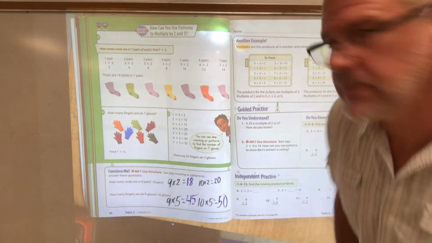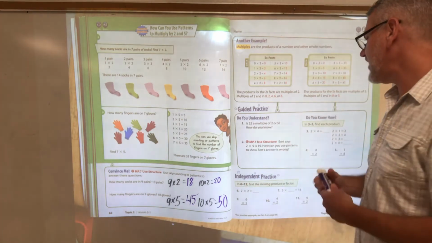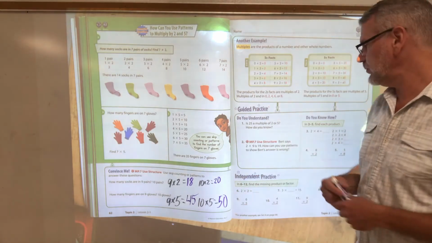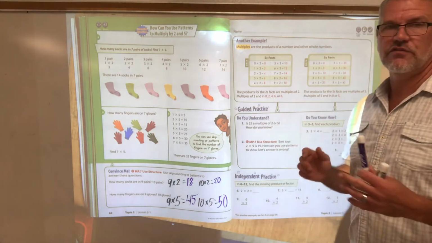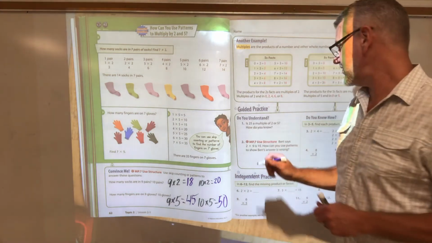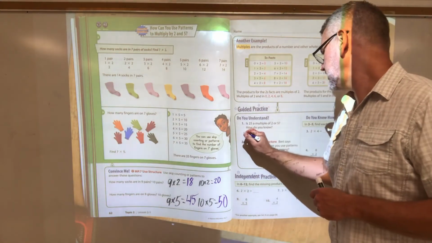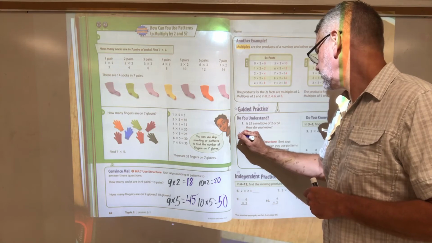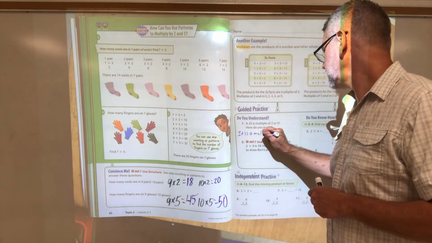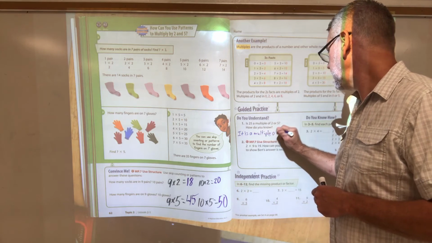Is 25 a multiple of 2 or 5? How do you know? Well, we're looking at 25. First of all, 25 ends with a 5, so we know that it is a multiple of 5. We'll write that. It is a multiple of 5.